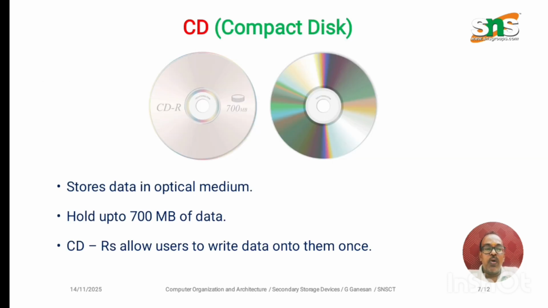The second type of secondary storage devices, very widely used, are CD and DVD. CD is also called compact disk, which is used to store media files, audio files and some important files. We can hold up to 700 MB of data in a CD. There are two types of CDs. One is CD-R, the second one is CD-RW.